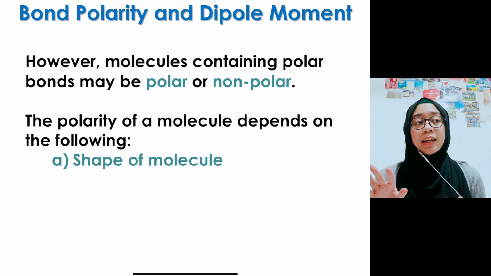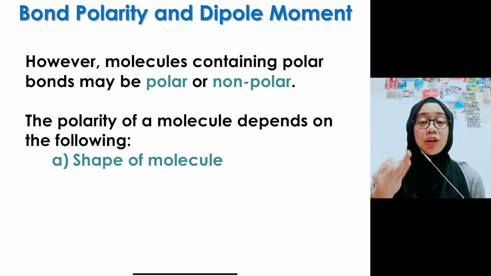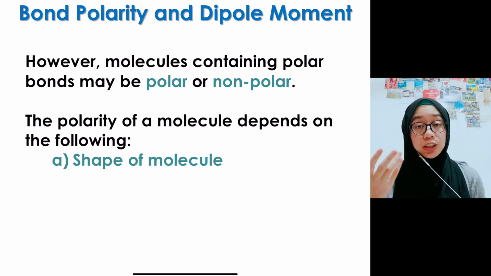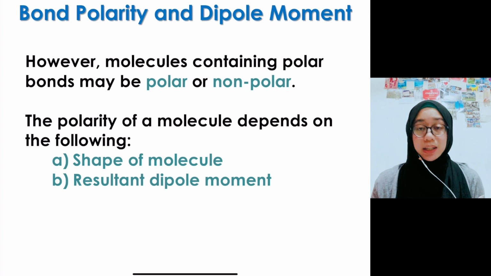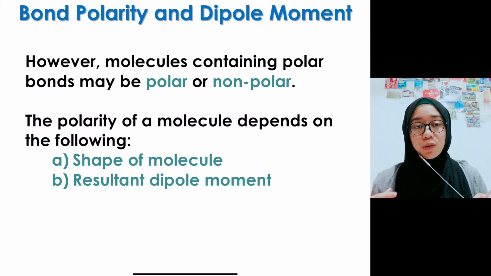That is why earlier we looked at how the polarity of a molecule is based on its shape, whether linear, trigonal planar, trigonal bipyramidal, tetrahedral, or octahedral. Okay, and the other one is the resultant dipole moment. The resultant dipole moment is basically the total of the dipole moments in that molecule. It is like a resultant force. At the end of the day, if there are many forces from many directions, we look at what the resultant force is. So it is the same with this case. We will look at the resultant dipole moment here.